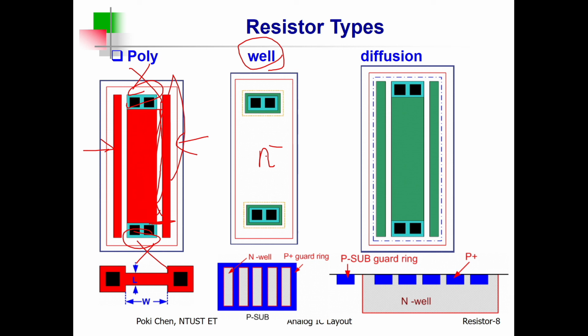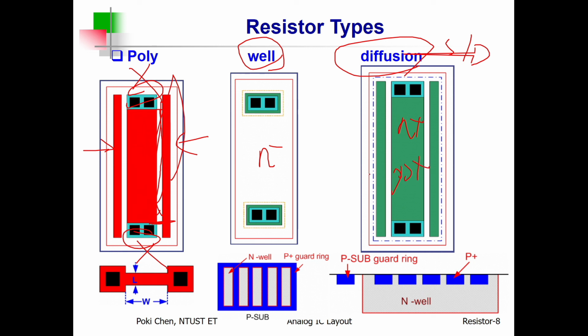Okay? And then we can use the other one called diffusion resistor. Diffusion means what? What kind of area will be diffused? Usually source or drain, right? It means they will be doped or implanted to be N plus or P plus.